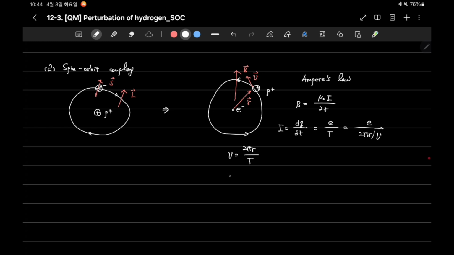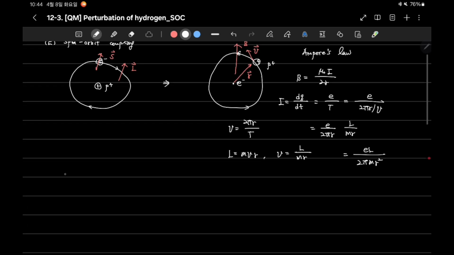The angular momentum is L = mvr, so v is L over mr. So the current can be written as e over 2 pi r times L over mr, which is eL over 2 pi m r squared.